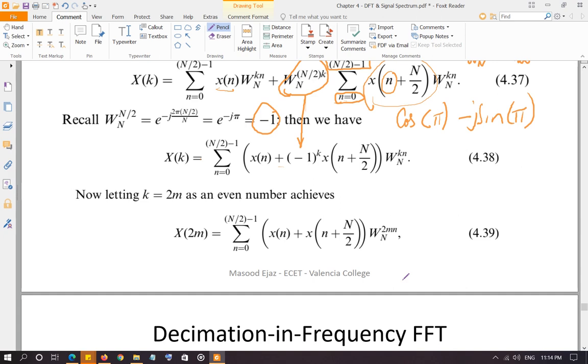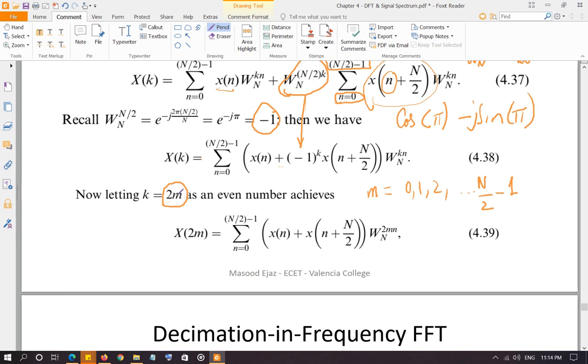Okay, now if I say my k is 2m, for any value of m, m always goes from 0, 1, 2 all the way up to N by 2 minus 1, sorry. N by 2 minus 1.